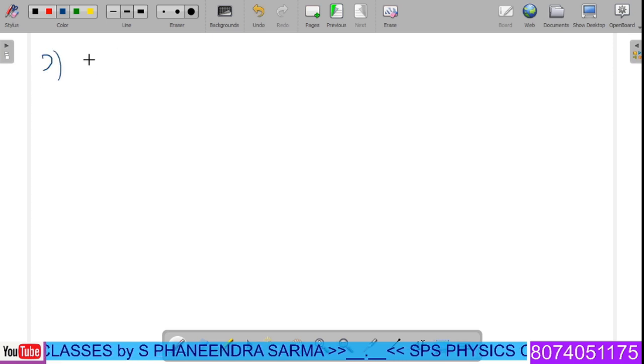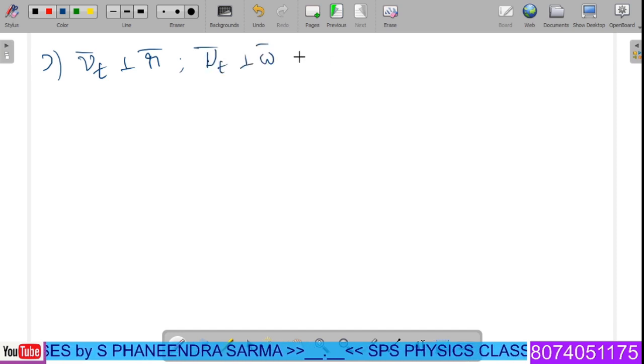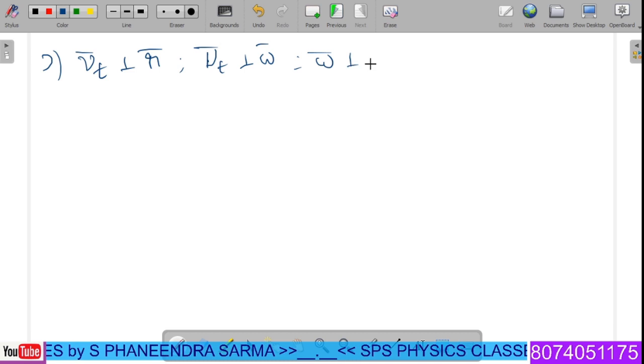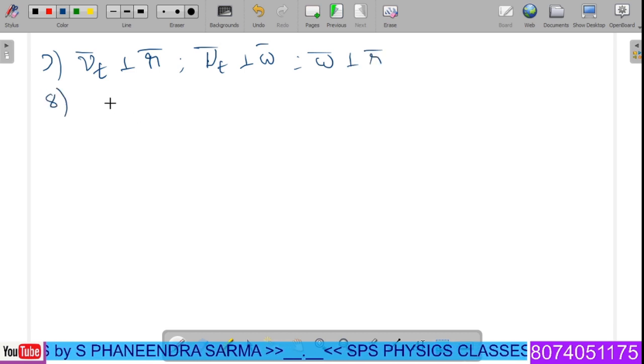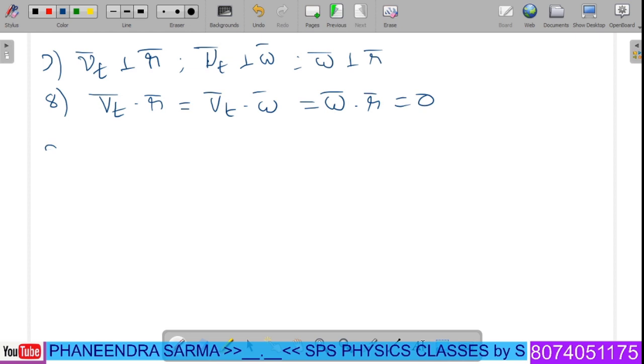Next important relation is Vt bar perpendicular to r bar, Vt bar perpendicular to omega bar, omega bar perpendicular to r bar, which means their dot products satisfy these results.